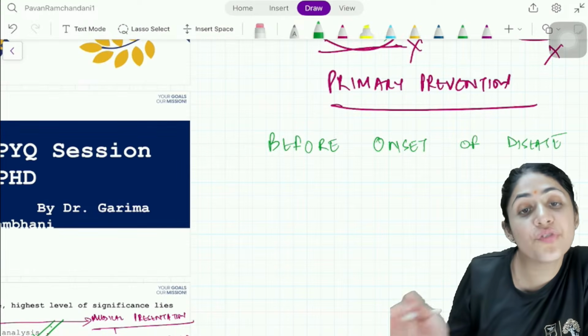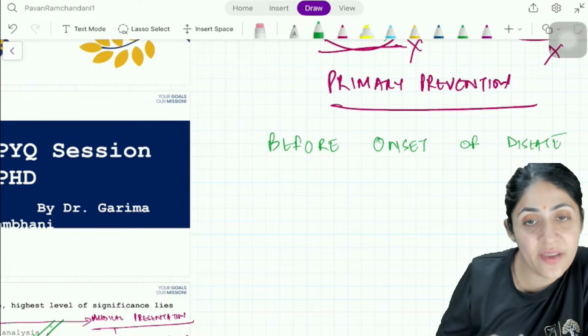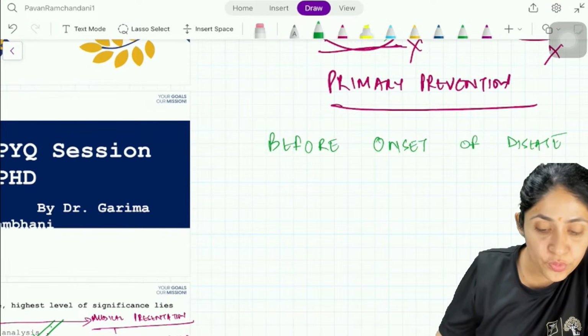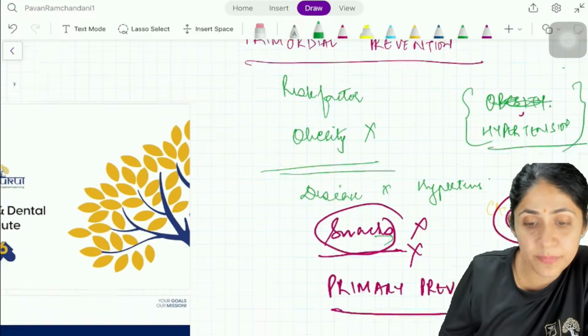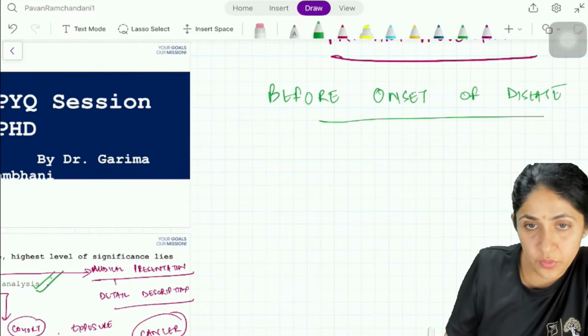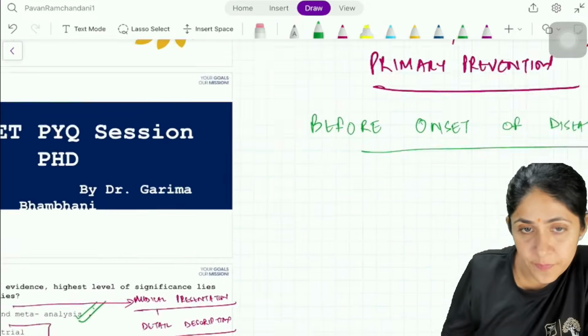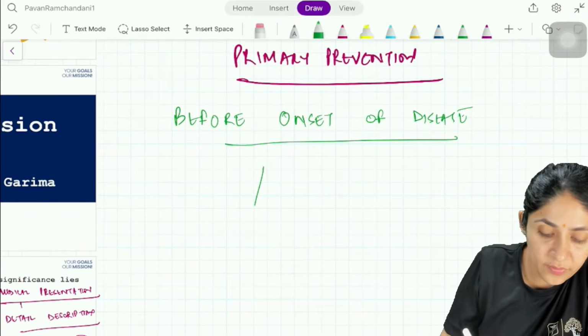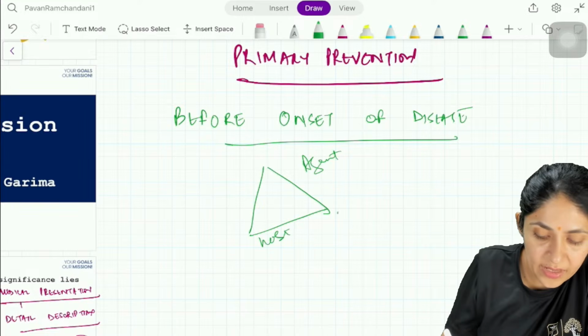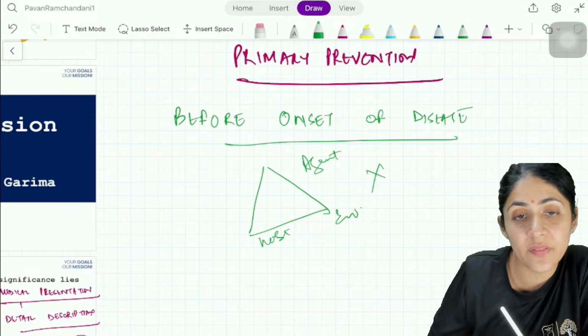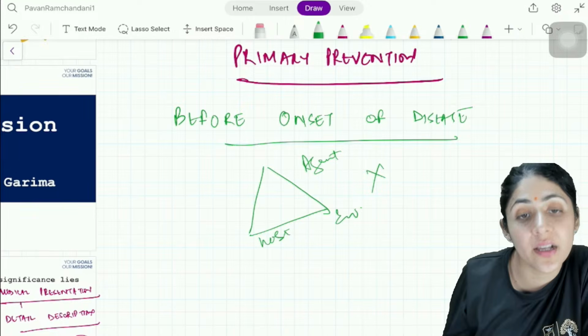So that removes the possibility that the disease will ever occur. What you're doing is giving the intervention in the pre-pathogenesis phase, intervening in the interaction of the agent, host, and environment, so that the disease does not occur.